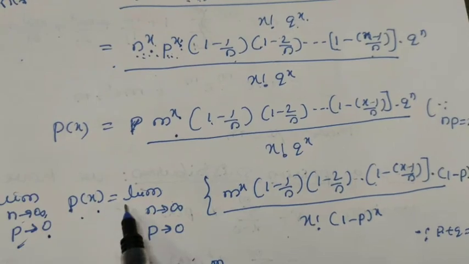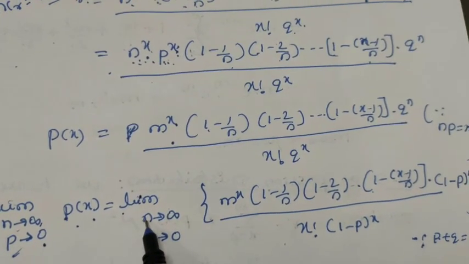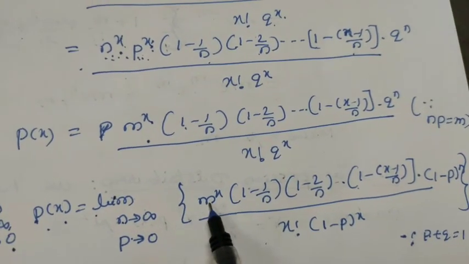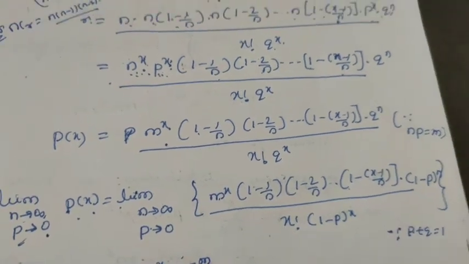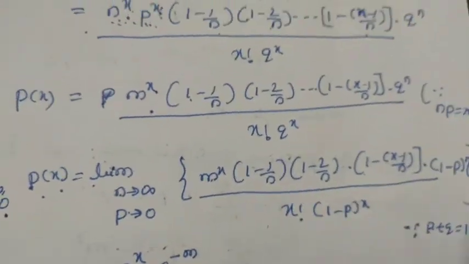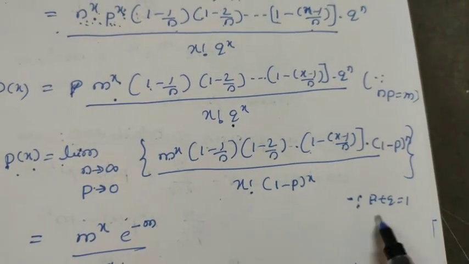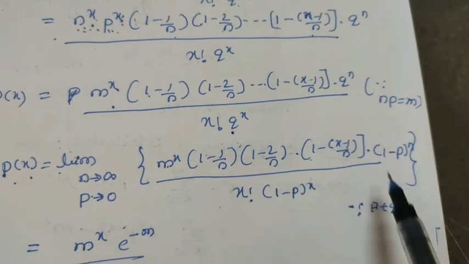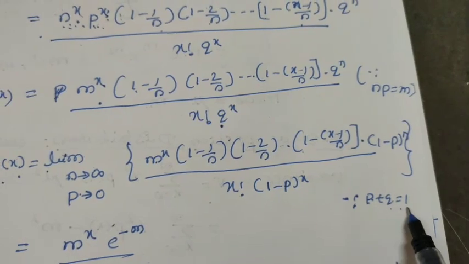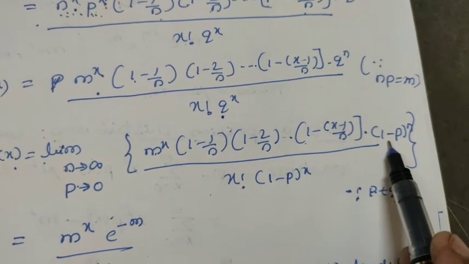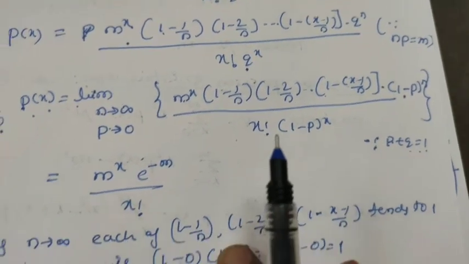On the right side also you have to apply this limit, and you write this whole bracket as it is. Now we know p plus q is equal to 1, so q is equal to 1 minus p. In place of q, write 1 minus p. So it becomes like this.